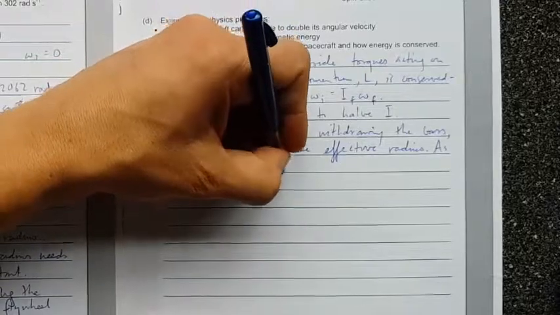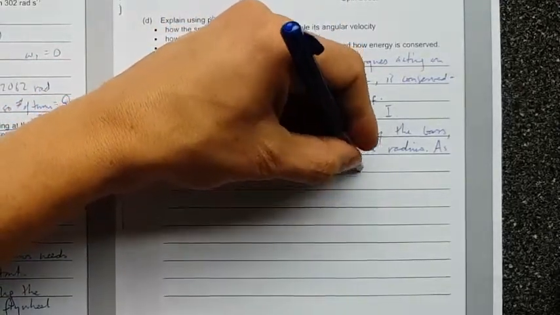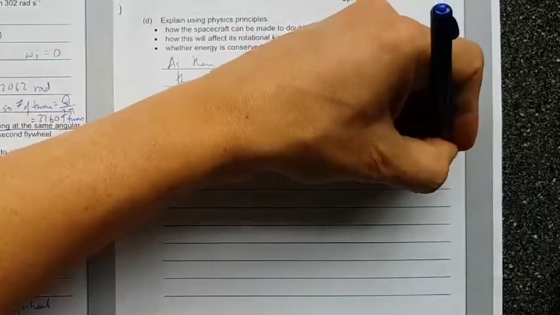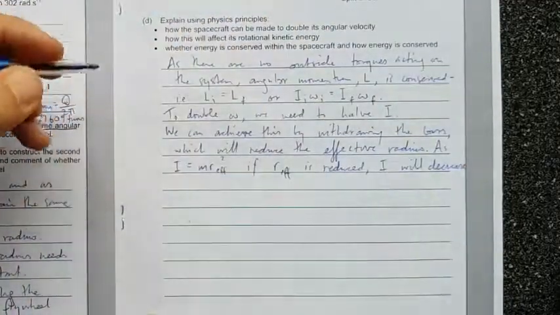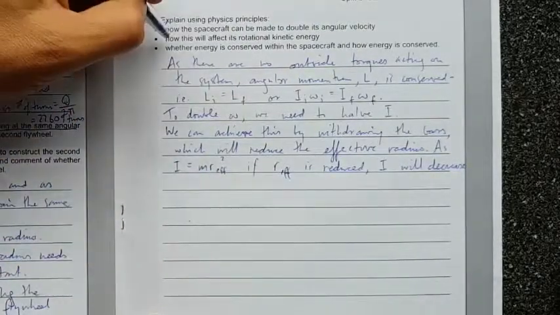If r effective is reduced, I will decrease. So now we've explained how we can double its angular velocity.